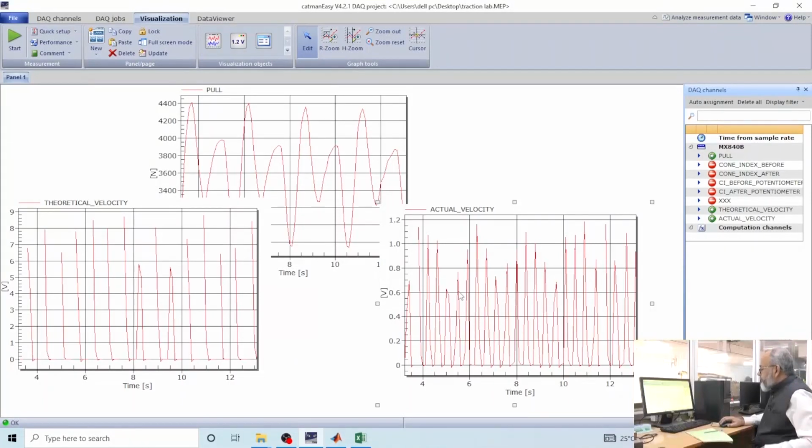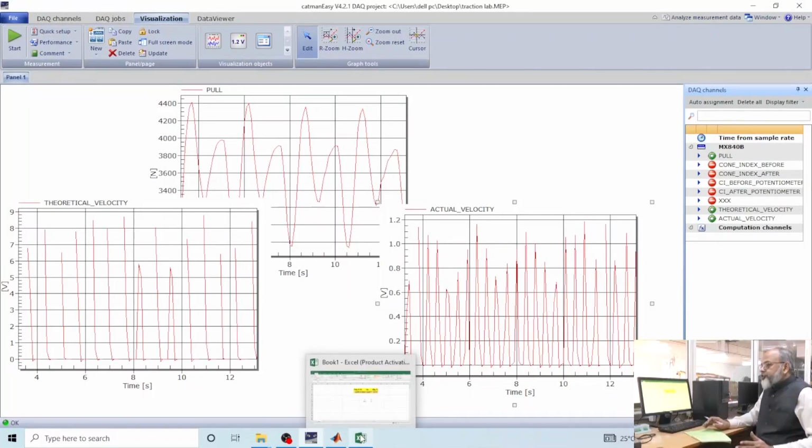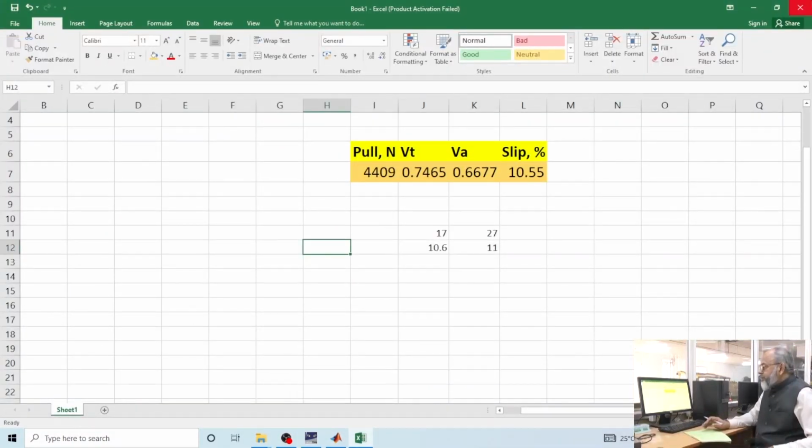So, I will show you how to calculate the actual velocity. In case of actual velocity, we are getting 27 pulses for a duration of 11 seconds. That means 27 minus 1, we are neglecting 1, assuming that we have started at that point. So, 27 minus 1 divided by 11 will give you the number of pulses per unit time.